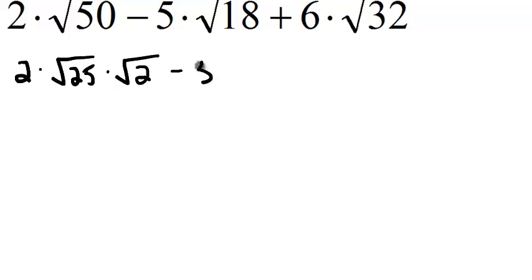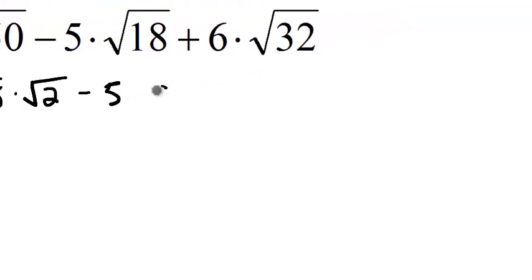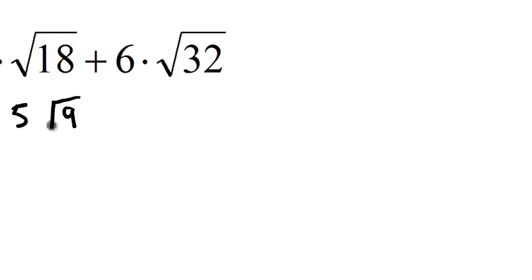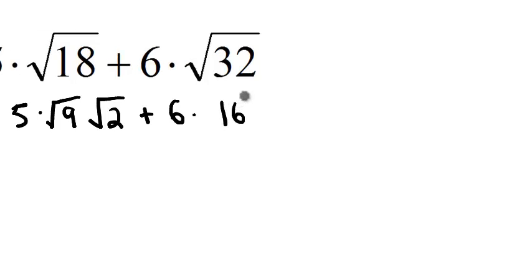Then we've got minus 5, and then the perfect square that goes in 18 will be 9. So we do the square root of 9 times the square root of 2, and then plus 6 times the perfect square that goes into 32 is 16. So I do the square root of 16, and then that's times 2.